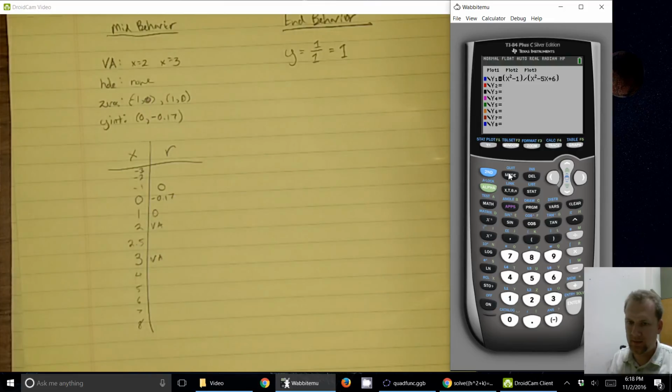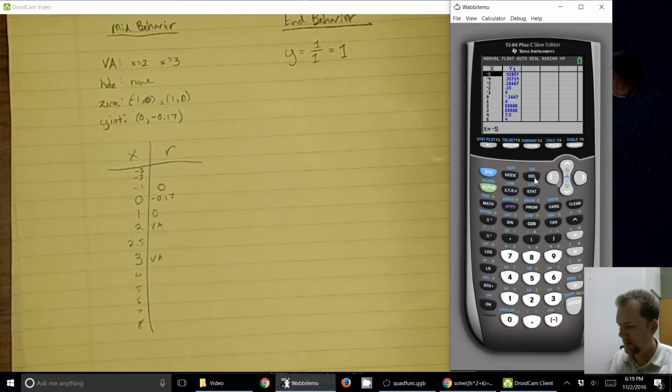Alright, and then table. Okay, a lot of these numbers are okay. Right, we had -3, -2, -1, 0, 1, 2. Alright, we need 2.5. We don't need that -5, so I'm putting that in there. What else are we missing? 6, 7, and 8.